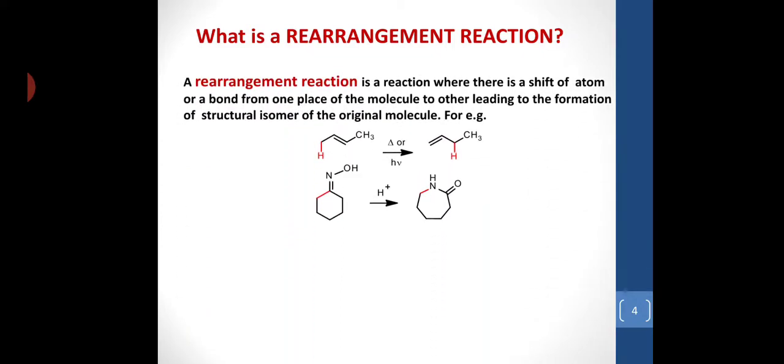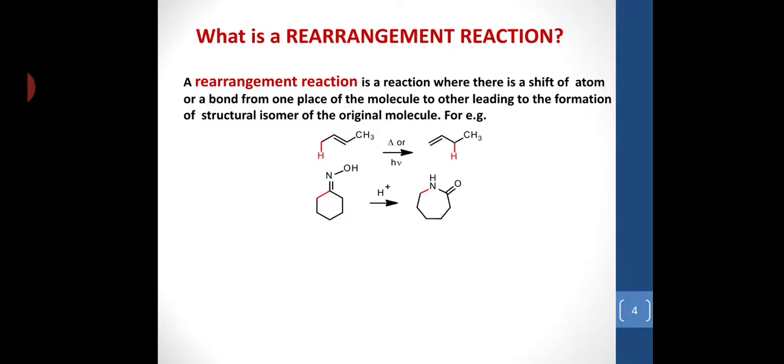In a rearrangement reaction, there is a shift of an atom or a bond from one place to another, leading to the formation of a structural isomer of the original molecule. For example, just see the first reaction.